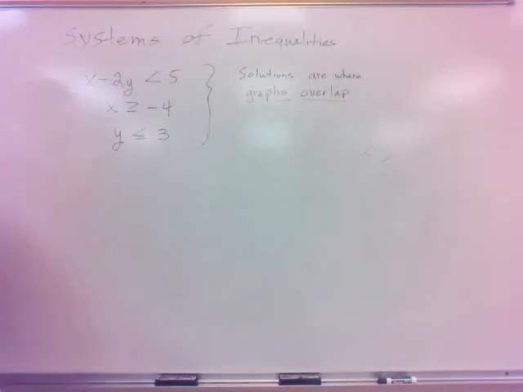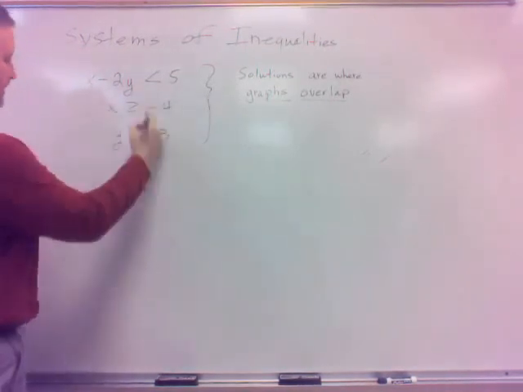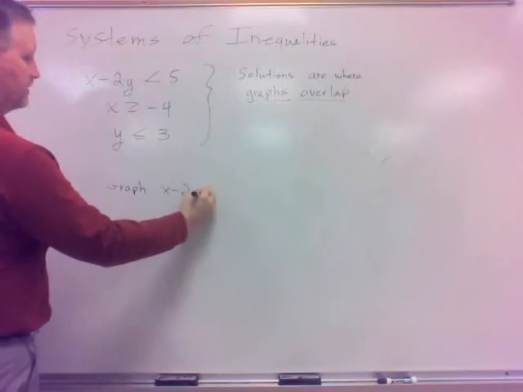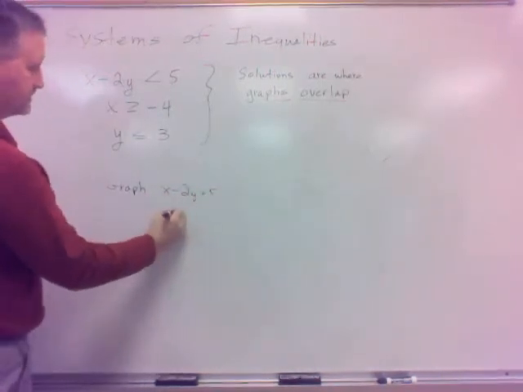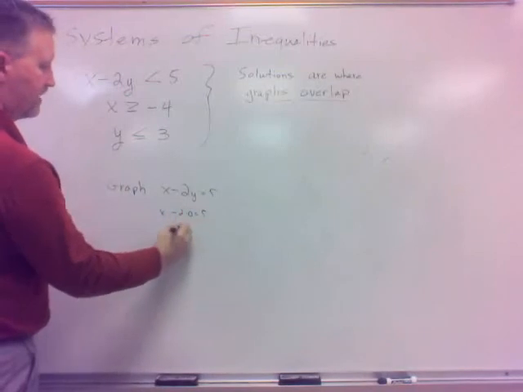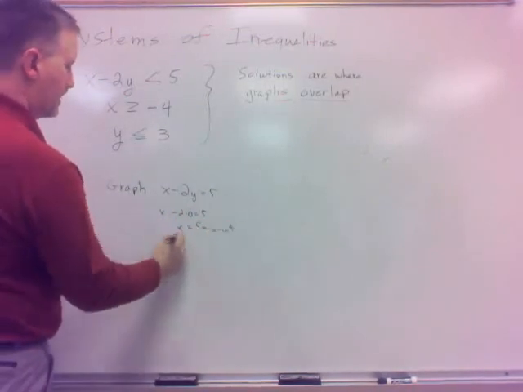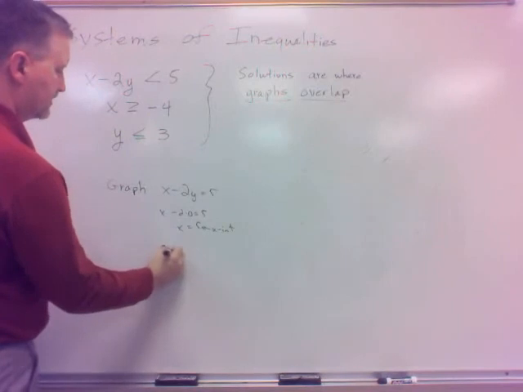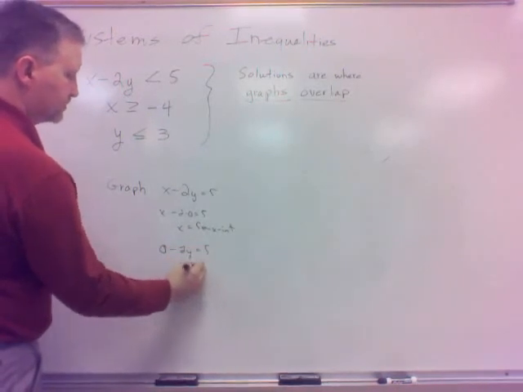Okay? So the first step would be to graph each one of these. If I graph the line x minus 2y equals 5, well, I'd have what? The x-intercept would be 5. The y-intercept, x is 0, so that would be, what, negative 2/5? I mean, negative 5/2.